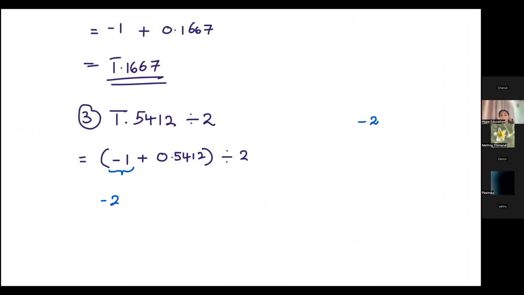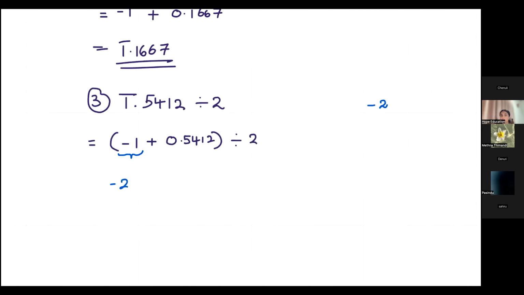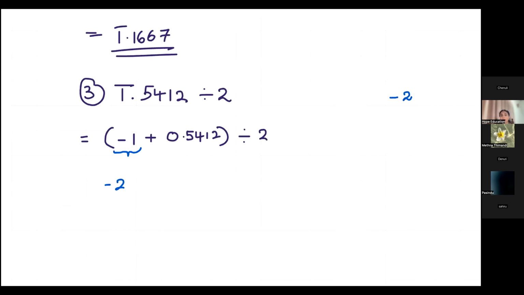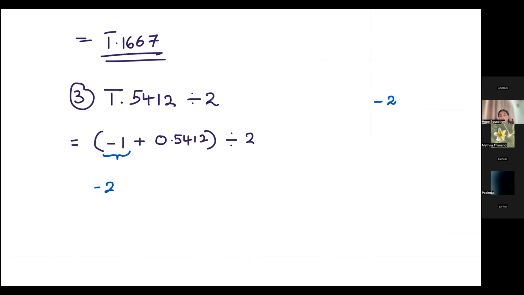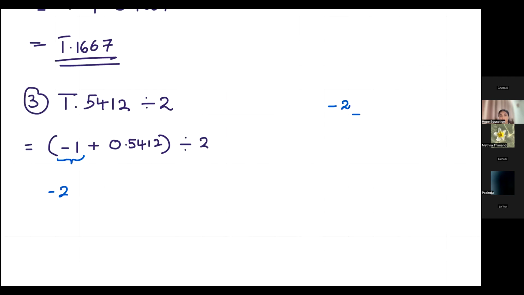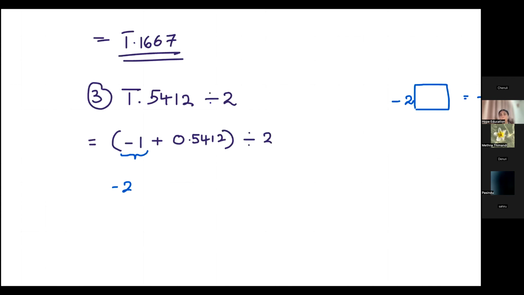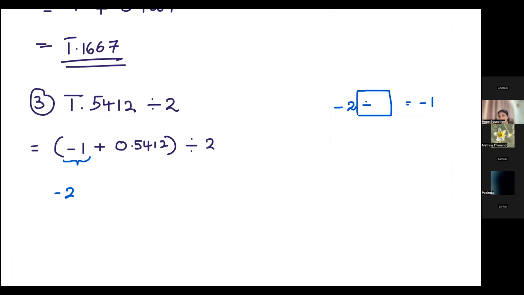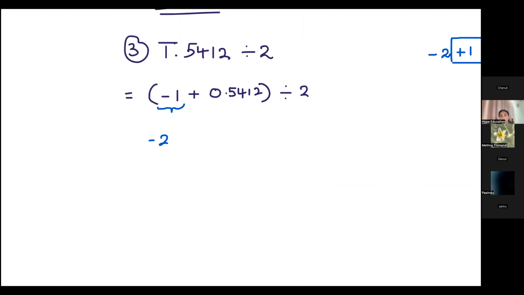But now I can't just put minus 2 as I like. So what do I do? I put minus 2 and then add something so that at the end of the day, the value will be the same as minus 1. I can write minus 1 as minus 2 plus 1. So here I write minus 1 as minus 2 plus 1.